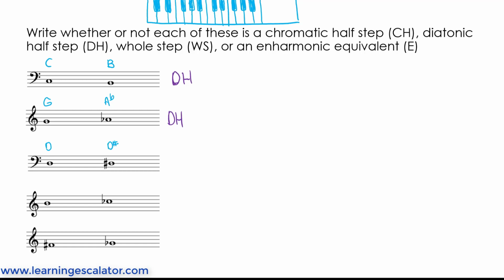So since they have the same letter name, you already know it's obviously a chromatic half step. But if you really want to test it out, then you could see D is over here and D sharp is over here. It's a half step and they use the same letter name, so it's a chromatic half step.